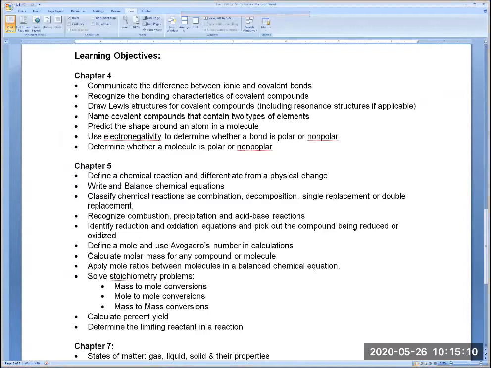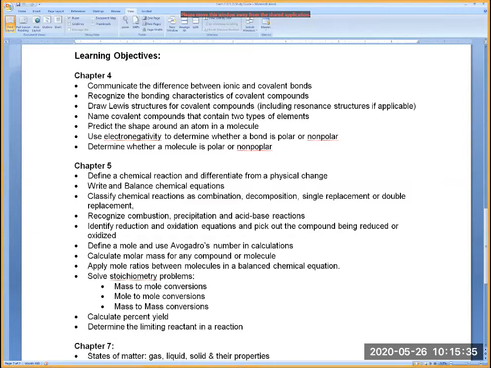Recognize the bonding characteristics of covalent compounds. We just discussed that. The main thing is that you need to be able to draw Lewis structures, including resonance structures if applicable. I actually will not really look for that.